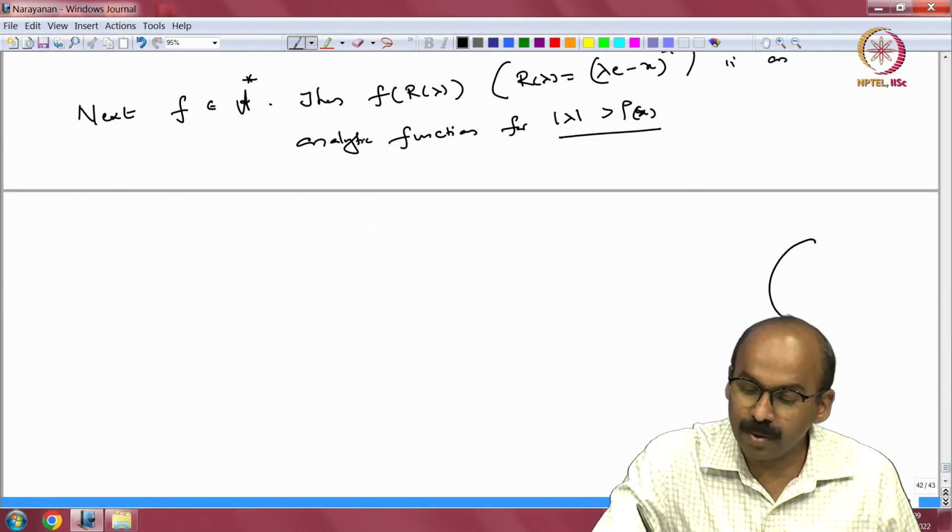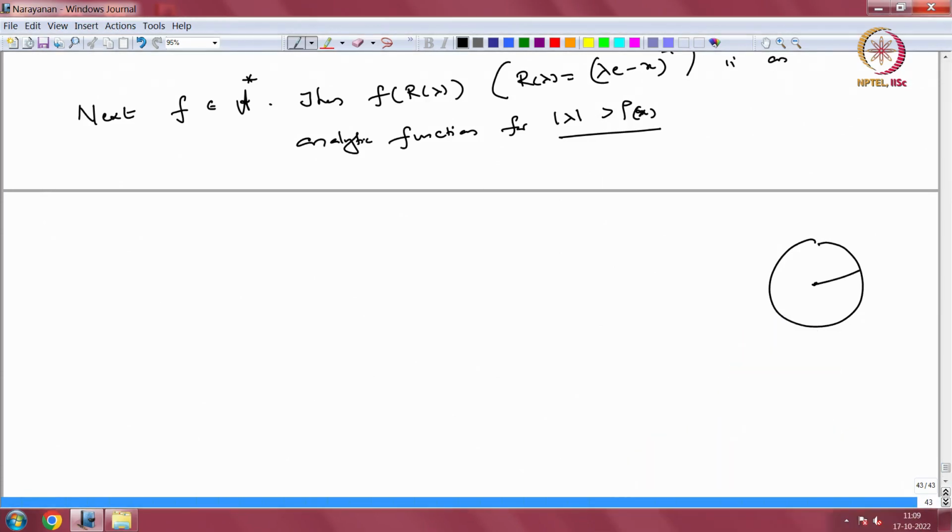If I look at a ball of radius rho x, outside this ball the resolvent is analytic, and if I compose with f, I am going to get an analytic function. Okay. Now, remember the norm of x. So, the norm x ball will be something bigger than this, it need not be equal to rho x.